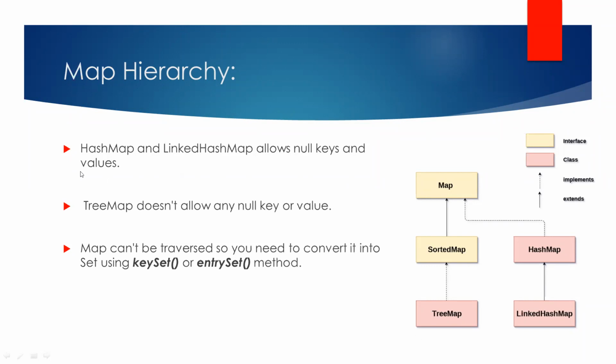So you can add null into HashMap and LinkedHashMap, but in TreeMap you cannot add null. Map cannot be traversed, so you need to convert it into a set using the method called keySet or entrySet method. So as I said, the map doesn't extend.